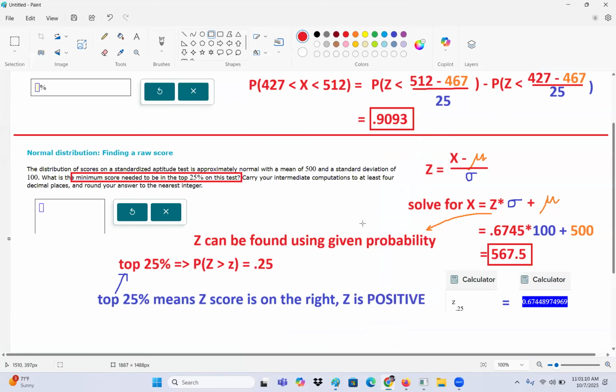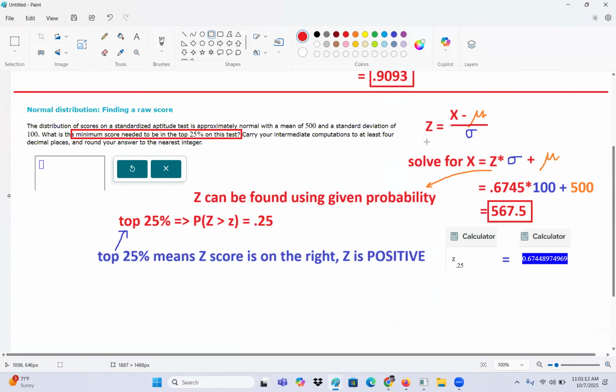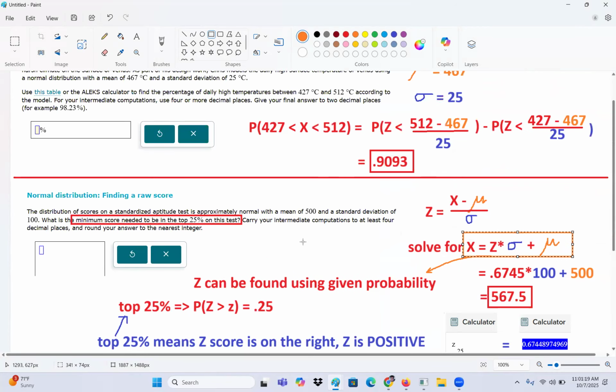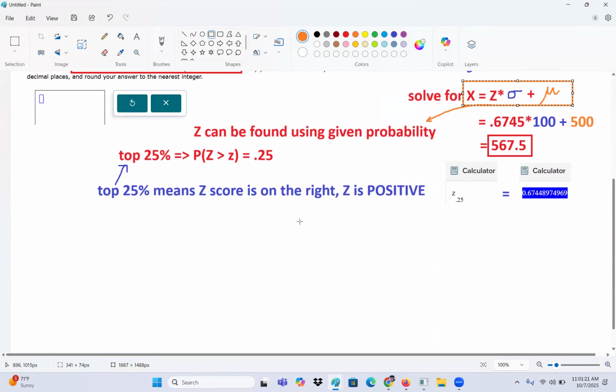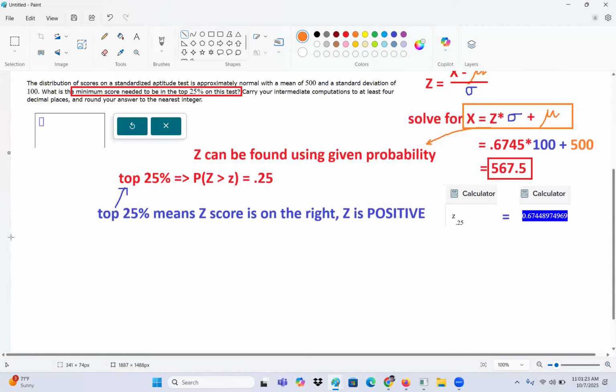So we need to use the formula to solve for the x, and then you figure it out.